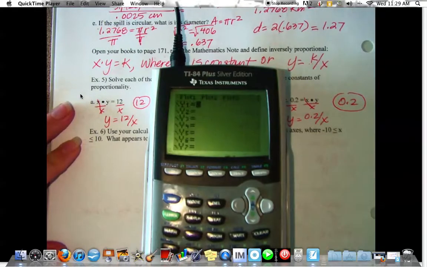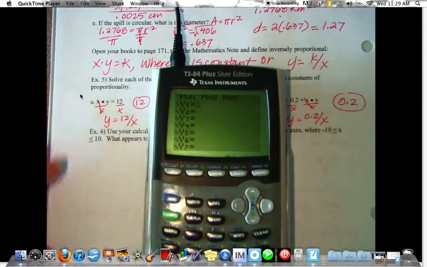Hit your y equals. First equation, y equals 12 divided by x. Second equation, y equals 6 divided by x. Third equation, y equals 0.2 divided by x.